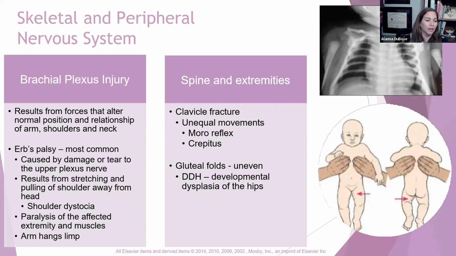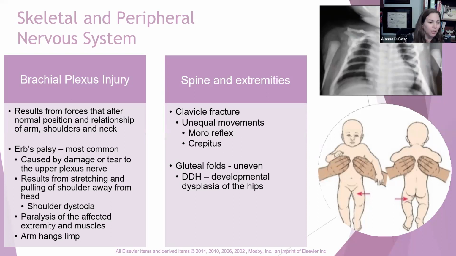You can have an upper or lower brachial plexus injury, where it just depends on how much of the arm is affected. If it's a lower one, then it might be mostly the hand that's affected. And if it's upper, it might be the entire arm. So this can cause that Erb's palsy that you see there, a damage or tear.